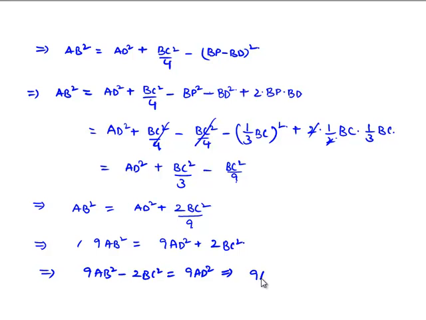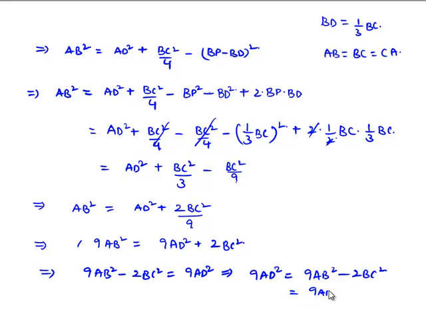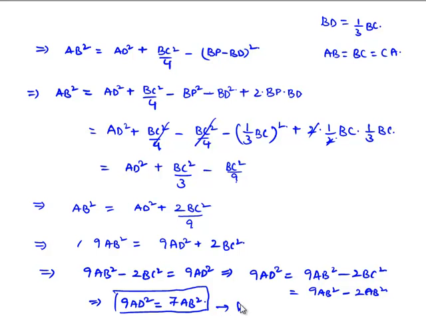That implies 9 AD square is equal to 9 AB square minus 2 BC square. In an equilateral triangle we know that BC is equal to AB. 9 AB square minus, we can write BC as AB, then we get 2 AB square. Finally we get 9 AD square is equal to 9 AB square minus 2 AB square, which is nothing but 7 AB square. This is the required proof for us.